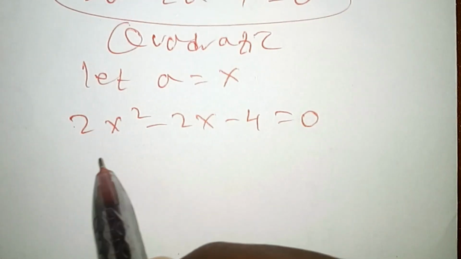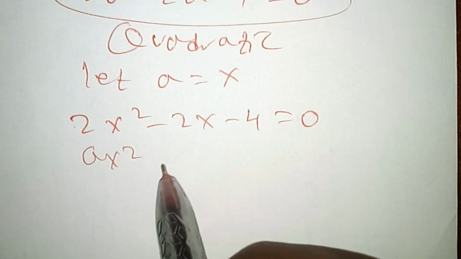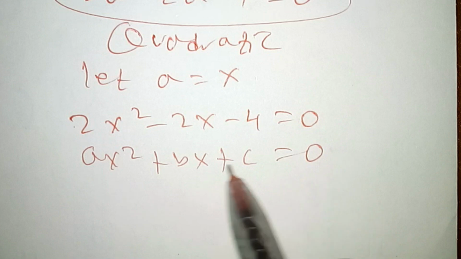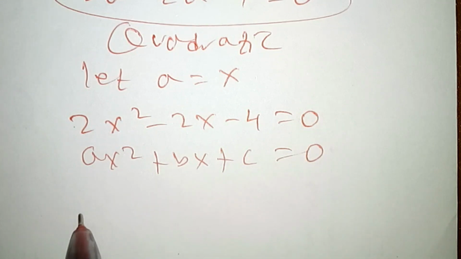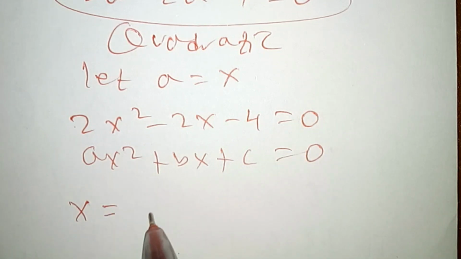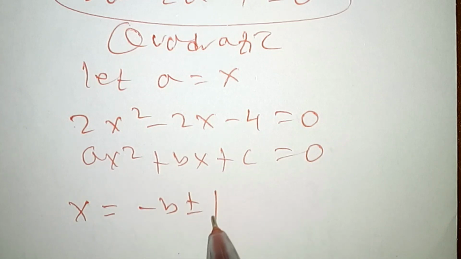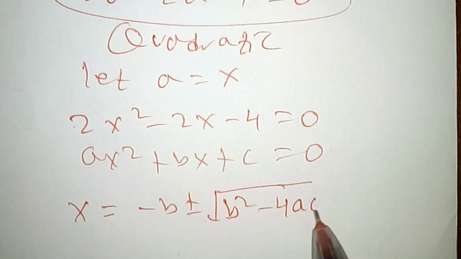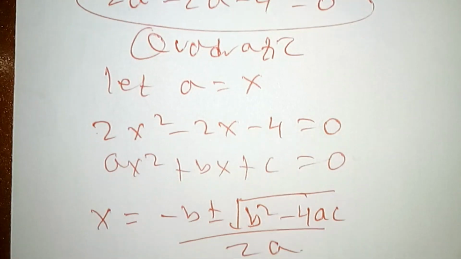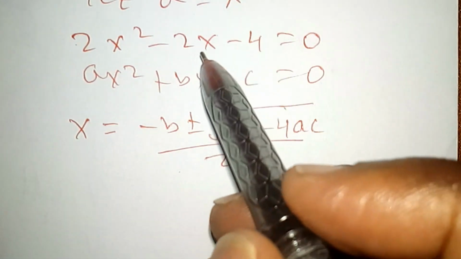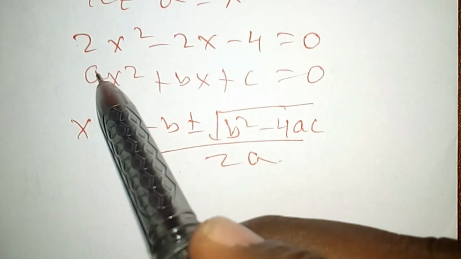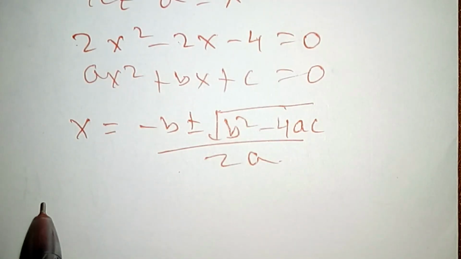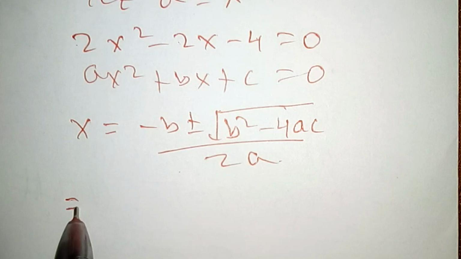From the basic quadratic equation ax squared plus bx plus c equals 0, the formula is x equals minus b plus or minus the square root of b squared minus 4ac, divided by 2a. From our equation, a equals 2, b equals -2, and c equals -4.